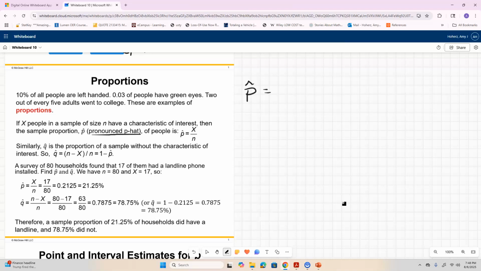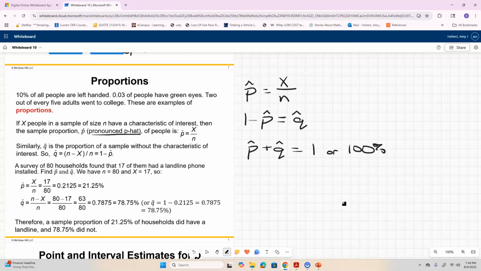So our P hat is just how many out of our sample have the characteristic out of n in our sample. And then to get our Q hat, we just take 1 minus P hat. So, in other words, P hat plus Q hat should equal 1 or 100%. That should be everything, because you either have the characteristic of interest or you don't. So it's like a binomial situation.